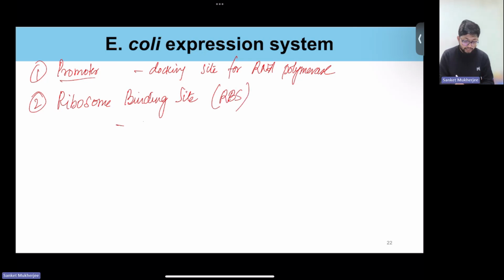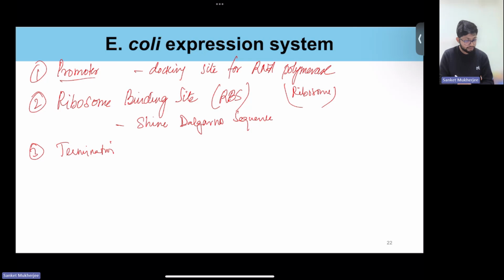This ribosome binding site usually has the Shine-Dalgarno sequence. This is the docking site for the ribosome, obviously, as the name suggests. Then there is a termination site where mRNA synthesis is terminated.